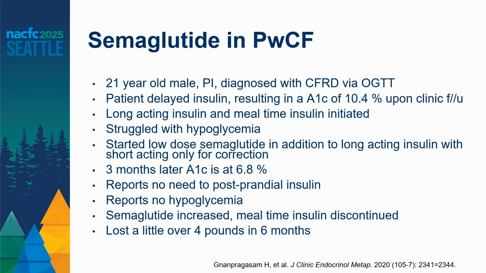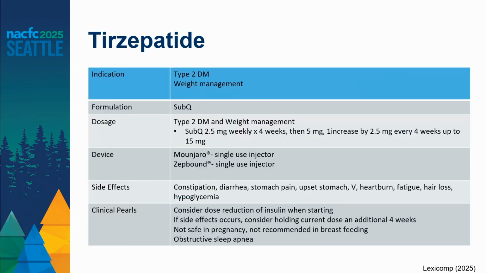This is great. It was really beneficial for this patient. In specific scenarios, you can utilize these medications to help increase the insulin production the patient's already doing, and it can help them overall from a quality of life standpoint. The patient lost roughly 4 pounds in 6 months of taking the medication, and they were able to reduce their overall insulin intake.